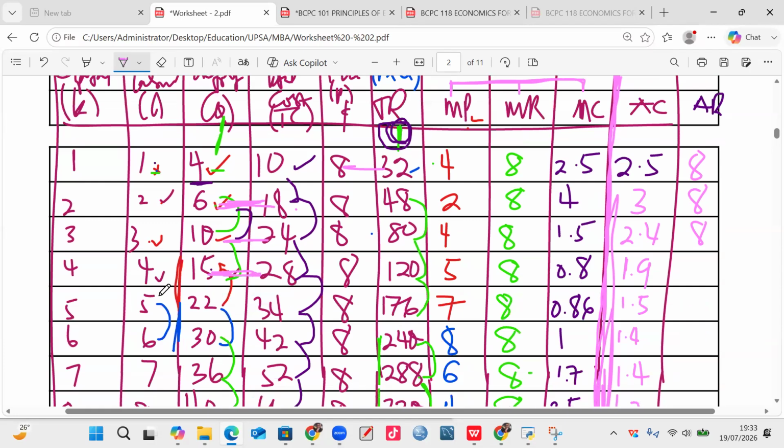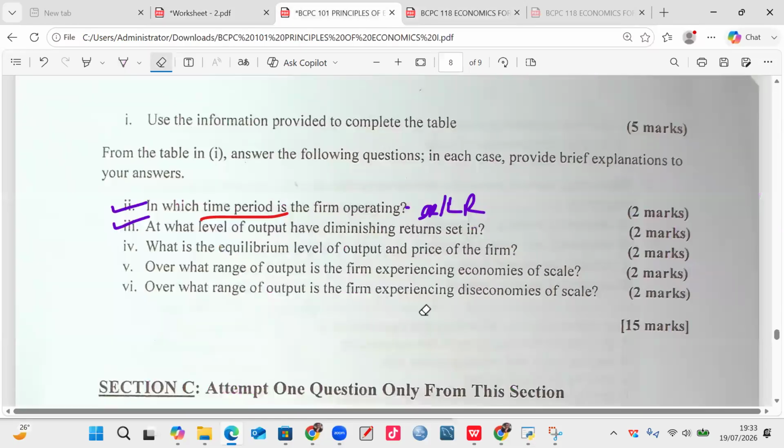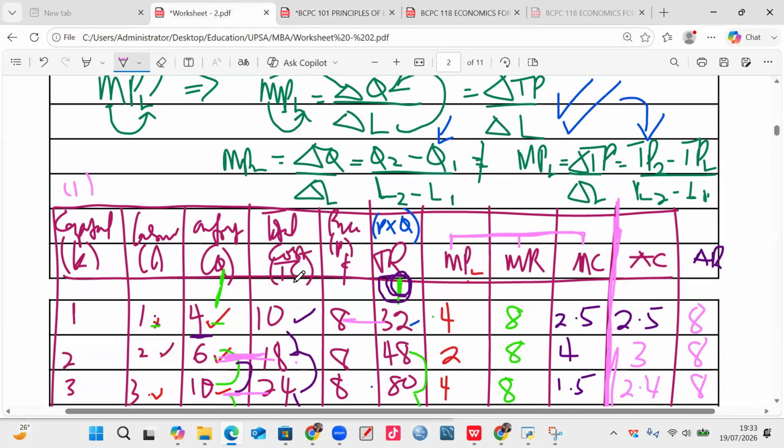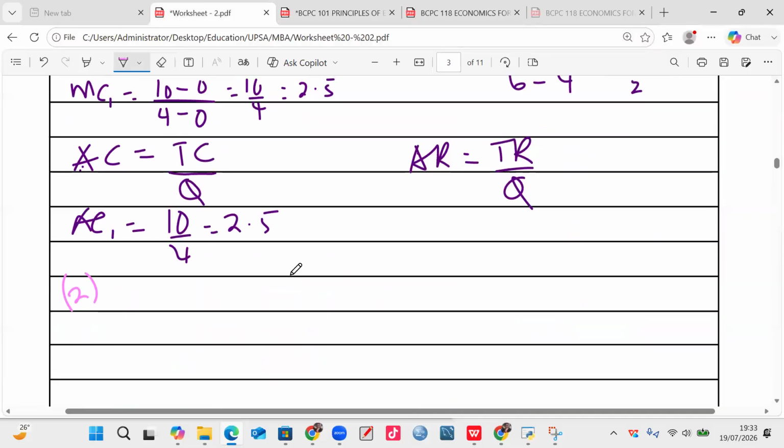So based on that, which time period of production is it? Long run. In which time period is the firm operating? Number 2. The firm is operating in the long run. This is production and cost mixed together.